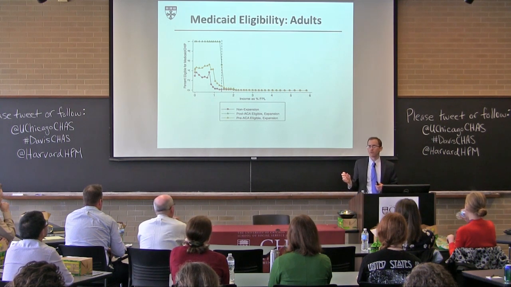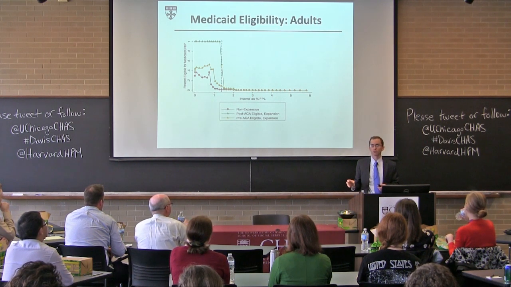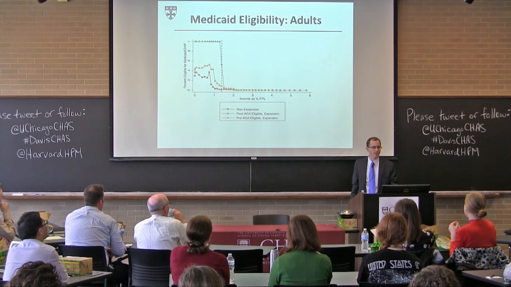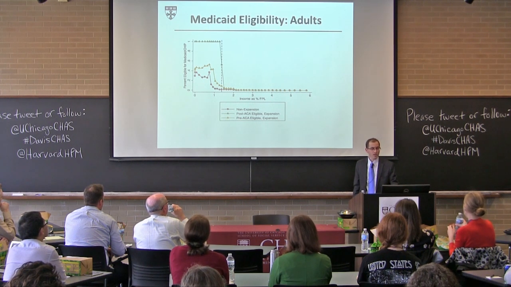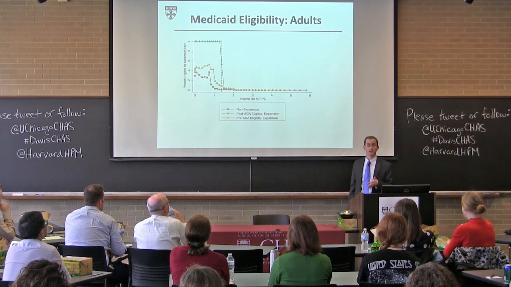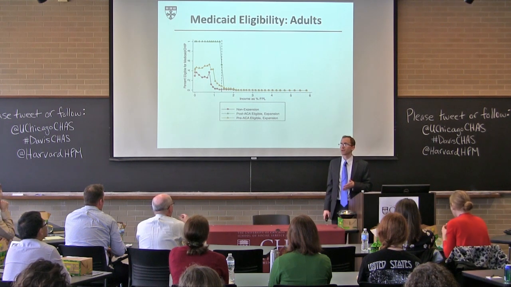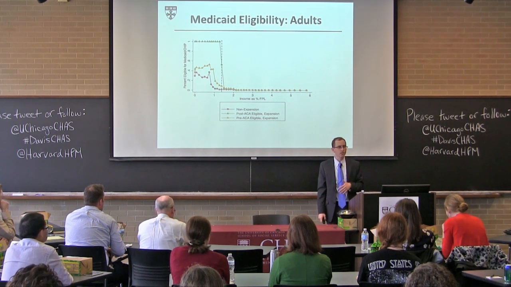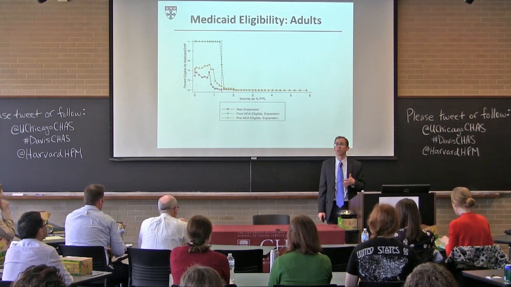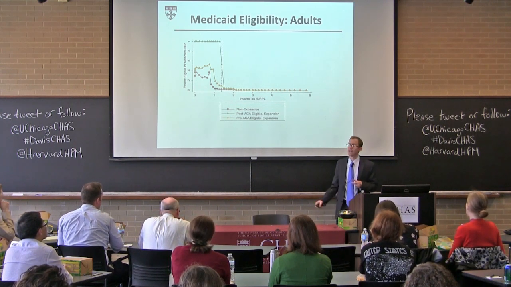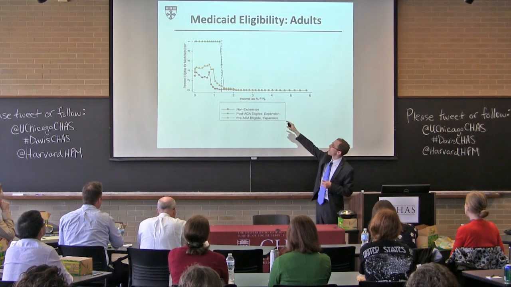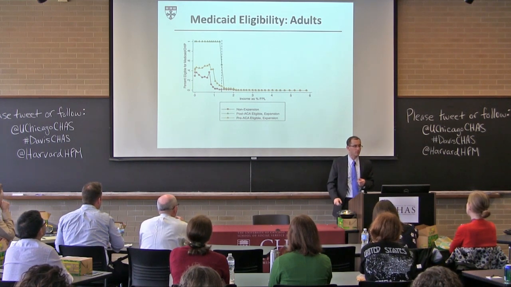Small numbers of parents in a handful of states where they'll cover parents around the federal poverty level. Even before the ACA, the states that went on to expand were more generous at baseline. Illinois, Massachusetts, New York, California, they all were more generous with Medicaid even before the ACA came along. And that shows up in the fact that these yellow triangles already are higher up on the income distribution.